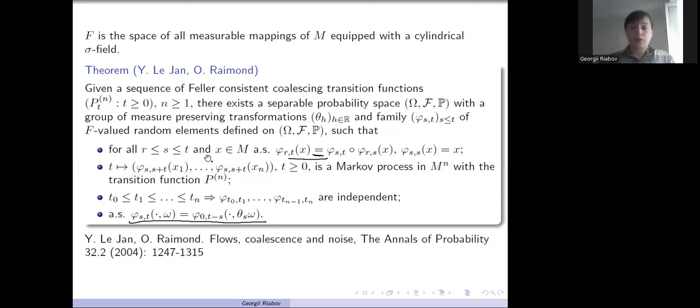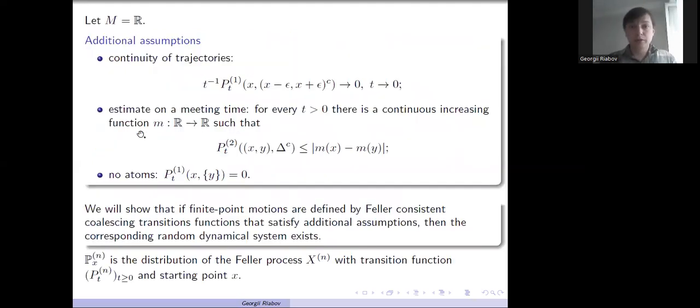Now my aim will be less ambitious, so we will look at the one-dimensional case and add some more assumptions on transition functions to get the true coalescing stochastic flows and to get random dynamical systems. Assumptions don't look very restrictive.